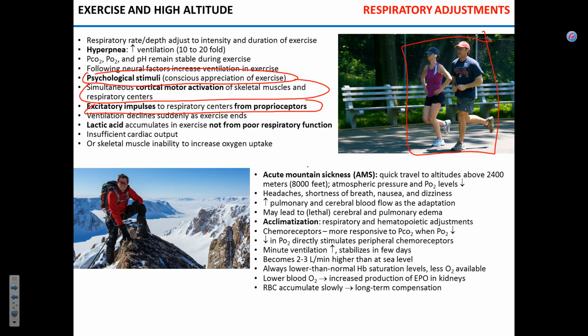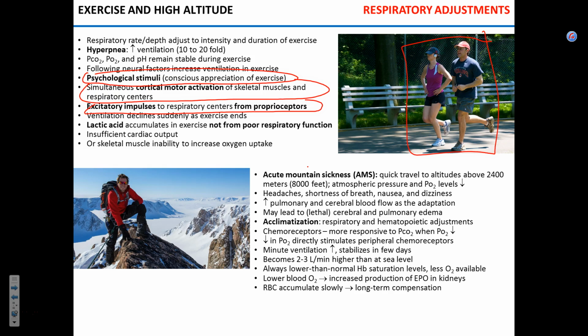So respiratory adaptations to exercise are neural in nature. It's the activation of respiratory centers together with the motor cortex. It's the stimulation of respiratory centers by the signals from proprioceptors. It's conscious understanding: yeah, I'm going to run, I know I'm running.